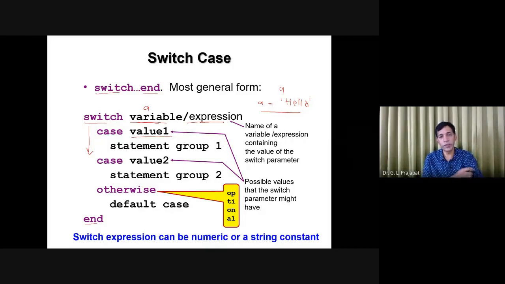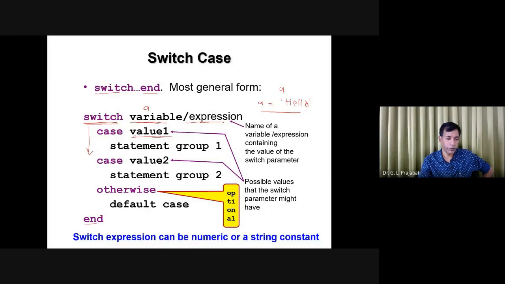So switch case is very simple as compared with the elseif. This looks good also. So you just write, this is the switch, this is the keyword. After switch, you have to write the expression that evaluates to numeric, or you can have some variable that has the numeric value, or it can be a string constant. Now depending on the variable or expression value, you are specifying the options here.